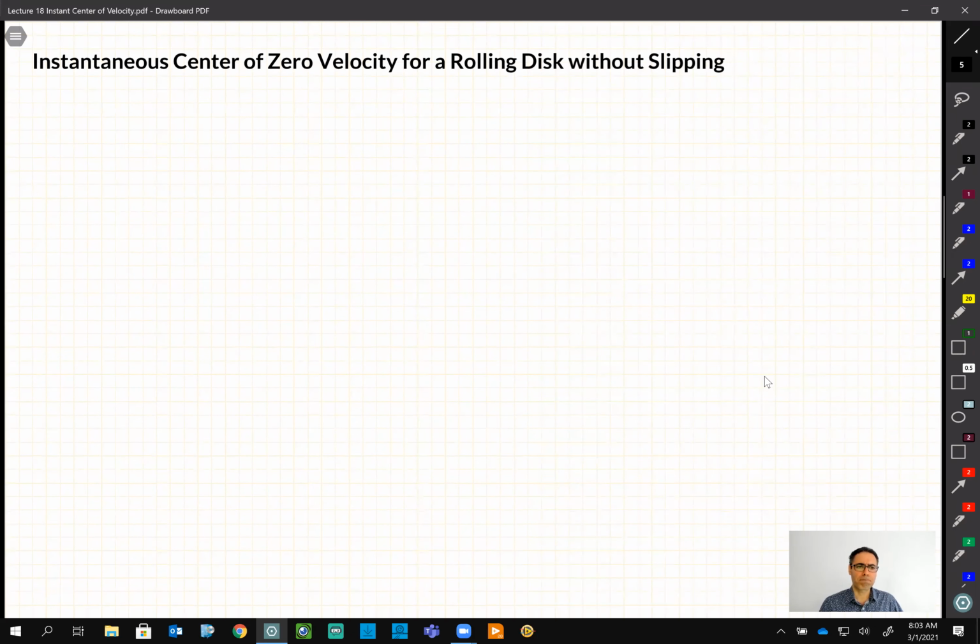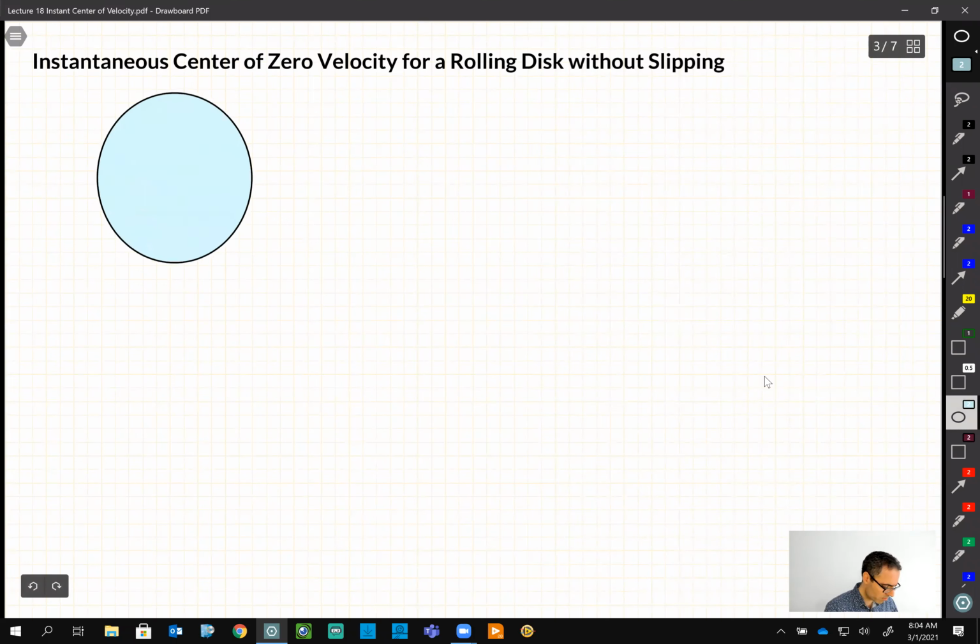So let's start this topic with a very simple example, which is a rolling disk. When we say rolling disk, we mean a disk or a wheel that is rolling on the ground without slipping. All right. So let's draw one disk or wheel, whatever you like to call it.